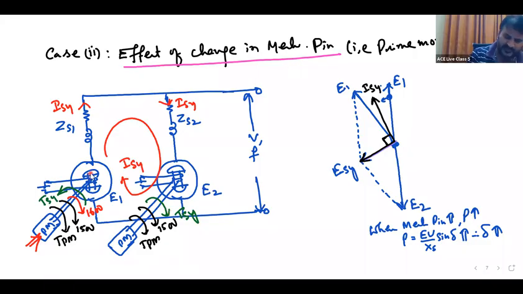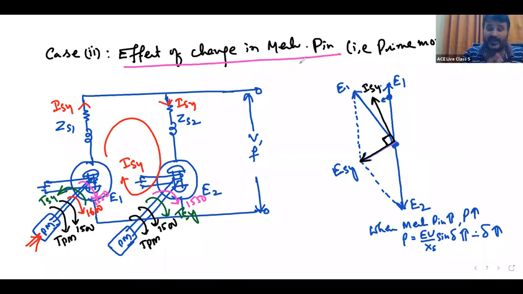Both will be settled at the same speed. How much speed? Say, it may be settled at 1550 RPM. Finally, both are settled at the same speed, 1550.